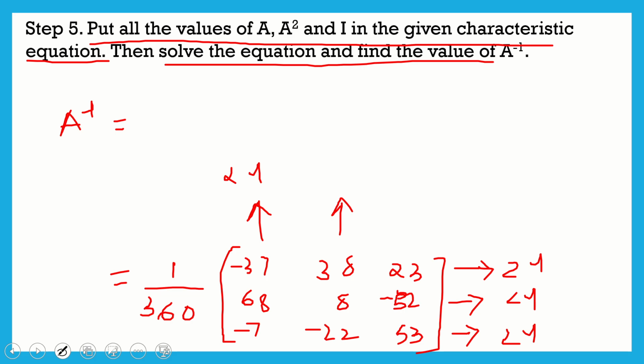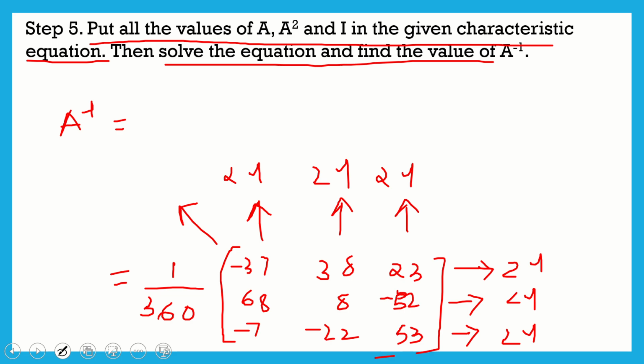Adding the second column, 8 and 38 is 46, minus 22, it is 24. And if you add the third column, 23 and 53 is 76, minus 52, you will get 24.